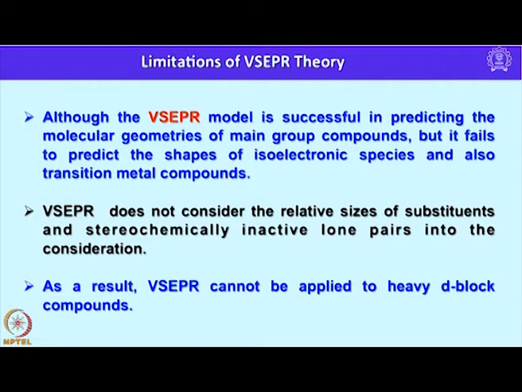If the metal is cation and the ligand is anion, it is ion-ion interaction. If the metal is cation and ligand is neutral, it is called ion-dipolar interaction. But we come across a situation where the metal is neutral and ligand is also neutral. For example, if we consider nickel tetracarbonyl, chromium hexacarbonyl, iron pentacarbonyl, where metal is neutral and ligand is neutral, in that case we have to consider the electrostatic interaction of dipolar in nature.